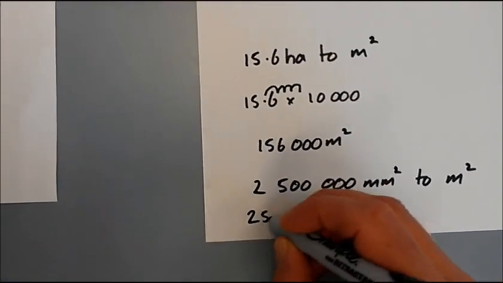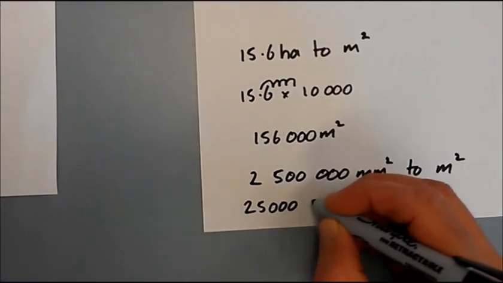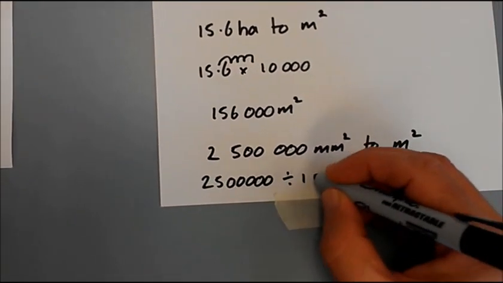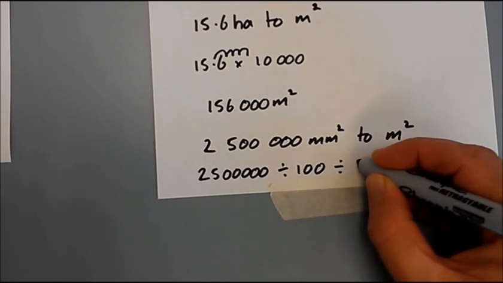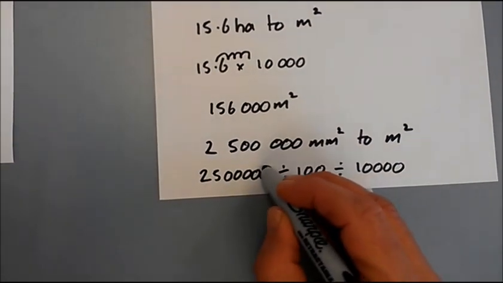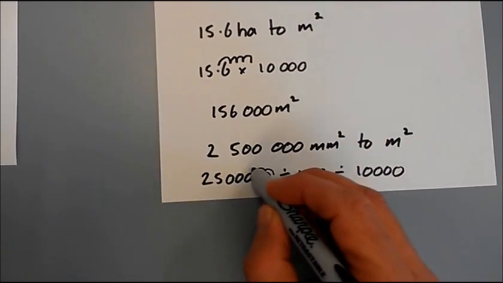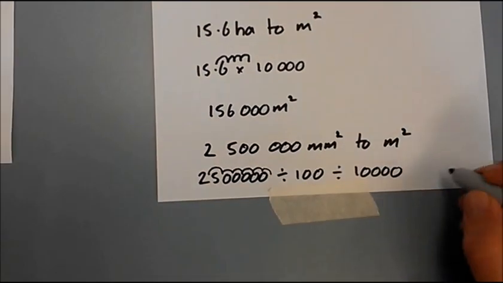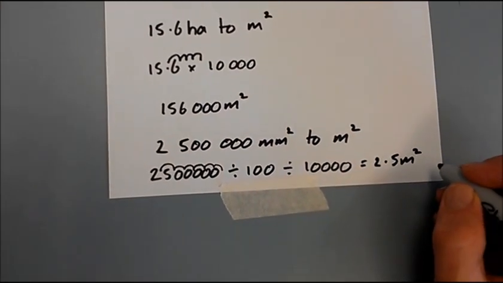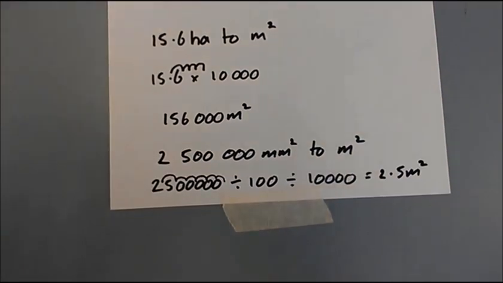So I'm going to go 2,500,000 divided by 100, firstly, and then divide by 10,000. 100, move it back 2 places. 10,000, move it back another 4. 2.5 square metres. Okay, good luck with those conversions.